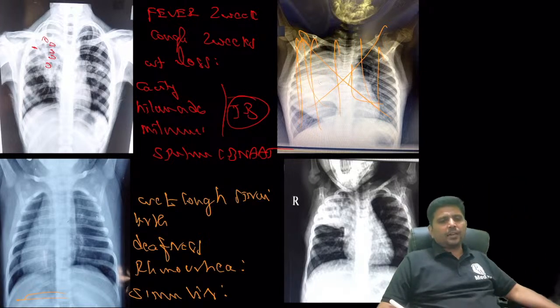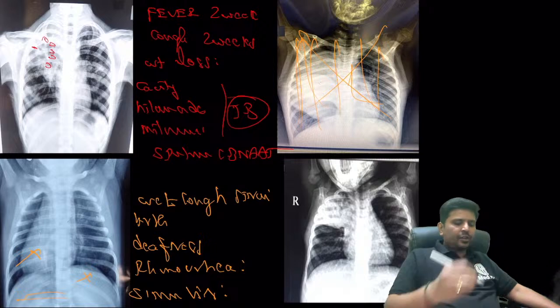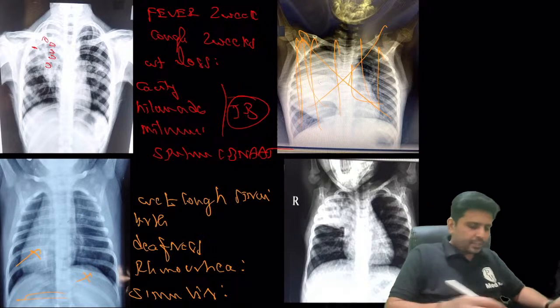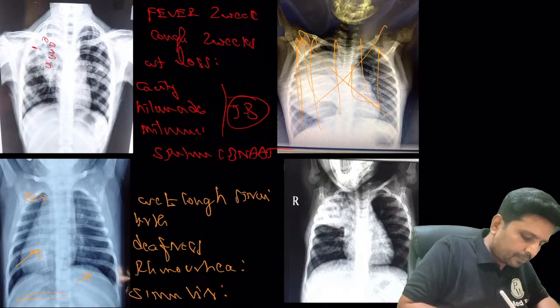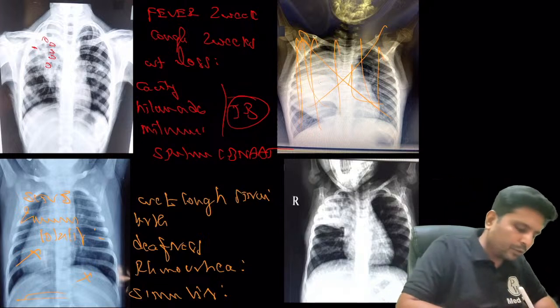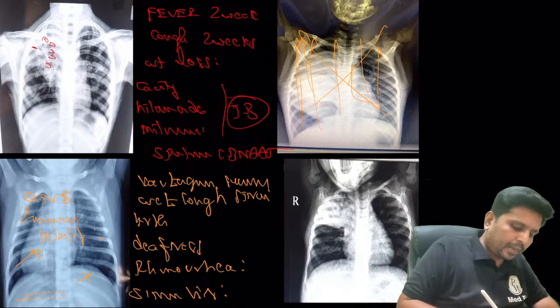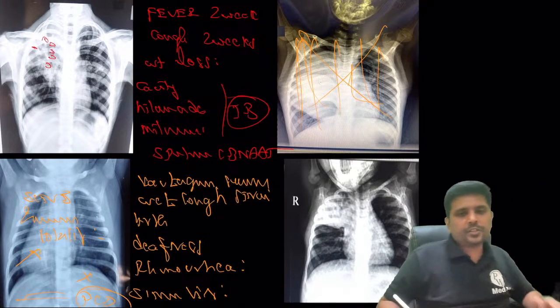And what is this on the X-ray? Look at this. Liver is on the left side, apex is on the right side. What is this called? Situs inversus totalis. What is the disease? Kartagener syndrome, or otherwise primary ciliary dyskinesia.